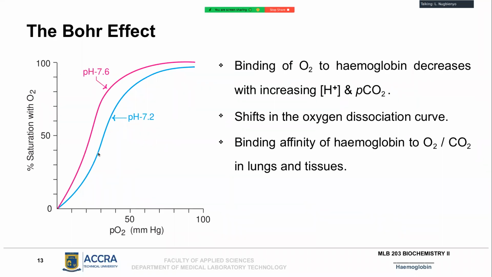It will take a longer effort for the hemoglobin molecules to get saturated by oxygen. In other words, hemoglobin will prefer to bind with the protons and release the oxygen. And so you have this graph shifting to the right in tissues. Understood?